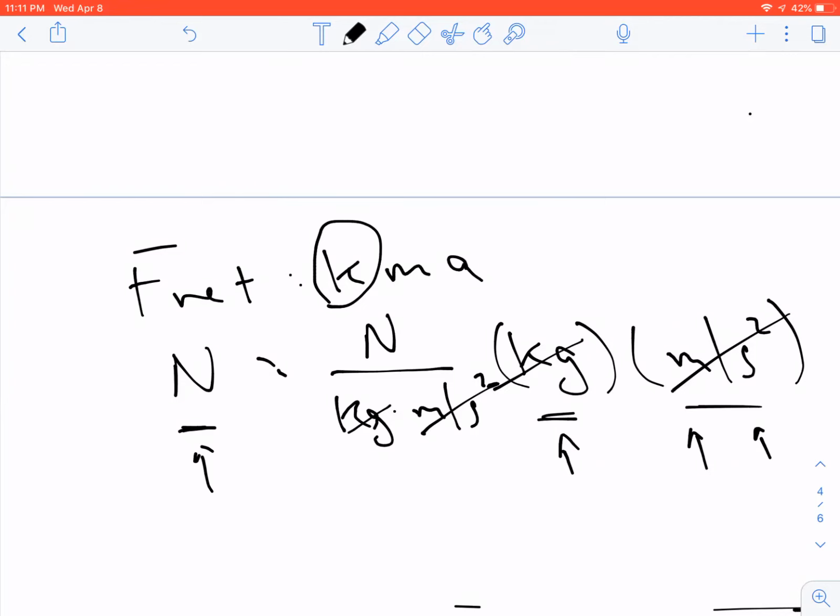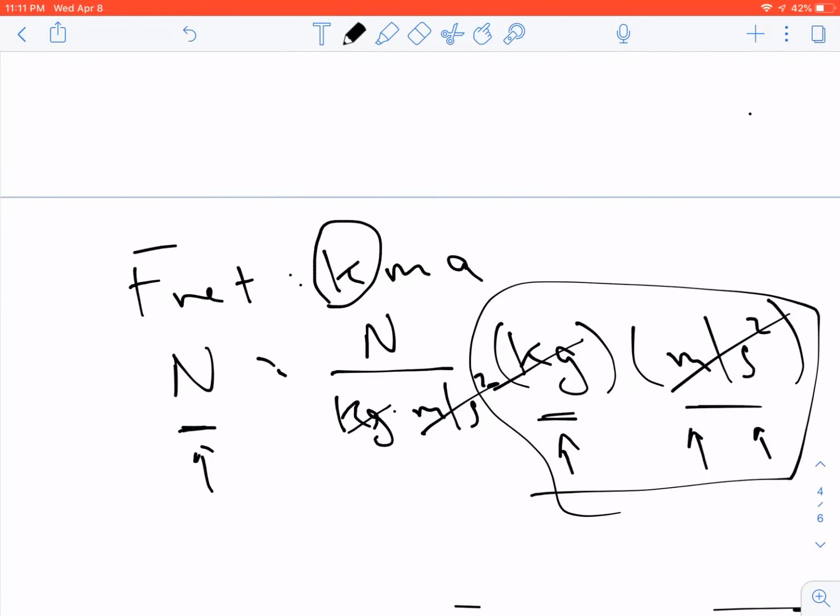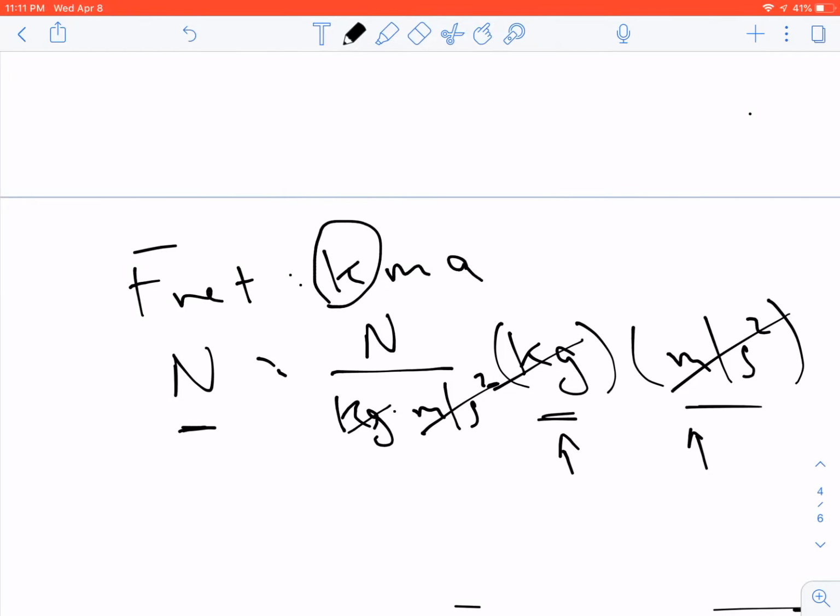So I've got to find a way to take my fundamental units on this side and allow them to become something that I can talk about when I'm talking forces. By the end of this next week or so, you'll be understanding how much force is 10 newtons, how much force is 100 newtons, how much force is 1,000 newtons. So we're going to understand forces in newtons, and this will all work out.